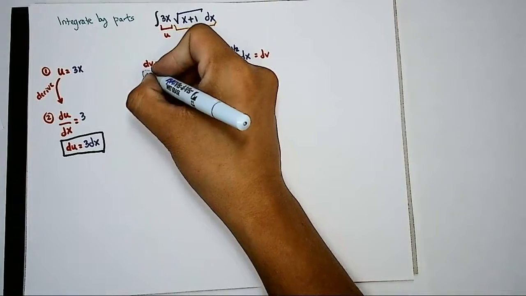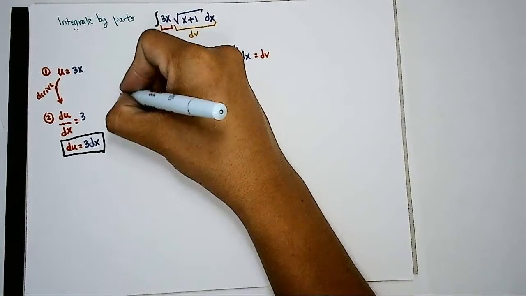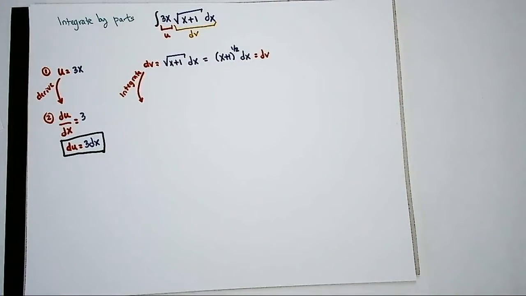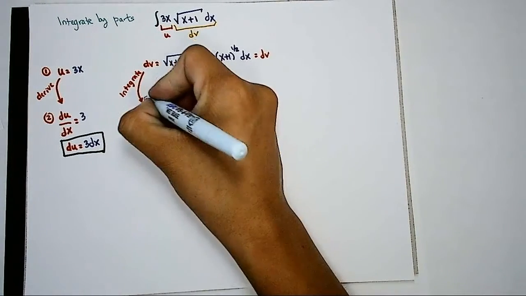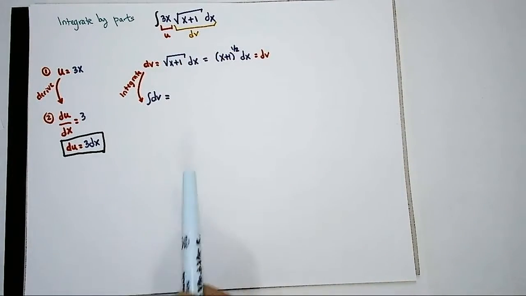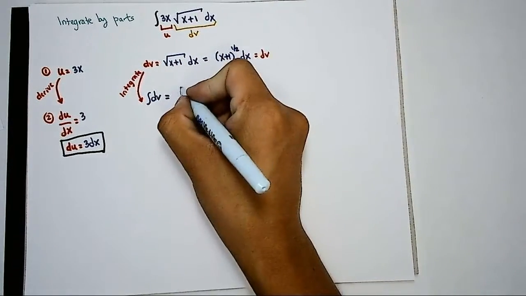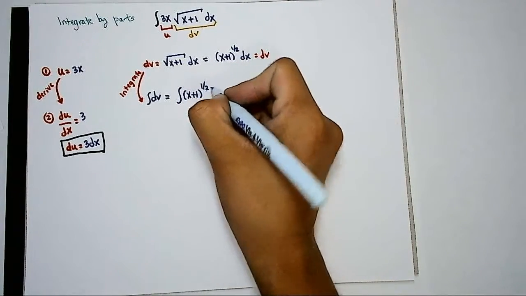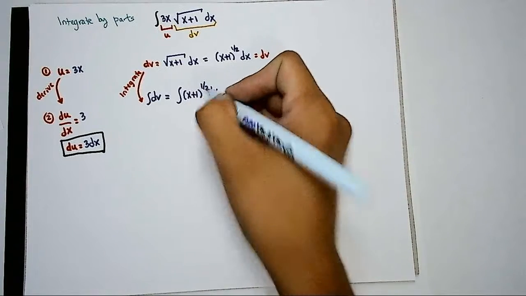Here we need to integrate dv. And this will be equal to the integral of x plus 1 to the 1/2 dx.